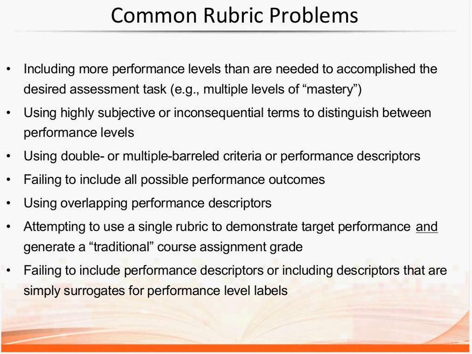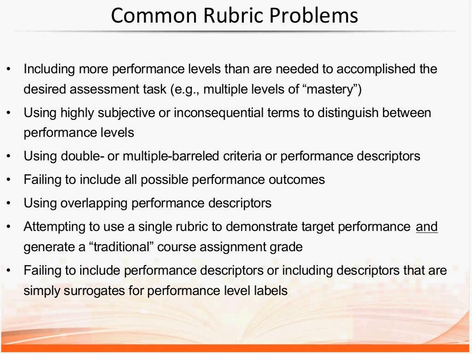And a lot of these problems, I think, are the result of attempting to use one rubric to capture both competency-aligned performance data and to generate a more traditional course assignment grade. In fact, a lot of the rubrics that I've looked at that have multiple levels of mastery, it seems implicit when you look at the rubrics that those multiple levels are intended to distinguish between, quote, an A student and a B student, or in some cases an A, B, and C student, and so on.